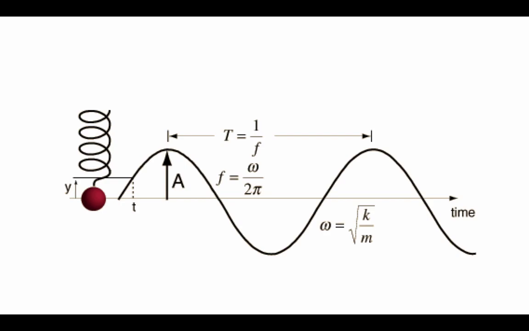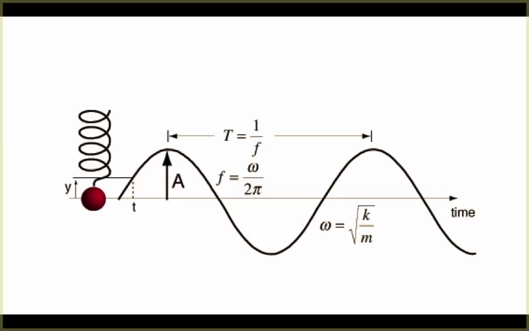So when we're looking at this guy, and he's moving up and down, remember when we looked at T equals 1 over F? What does T equals 1 over F stand for?